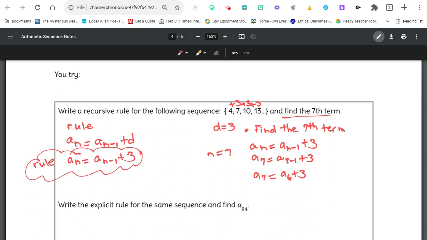Well, now I just have to find the sixth term and plug it in. Well, that's the first term, second, third, fourth, add 3, we get 16. That's the fifth. Add 3, we get 19. That's the sixth. 1, 2, 3, 4, 5, 6. So the sixth term is 19. 19 plus 3 is 22. So the seventh term is 22.